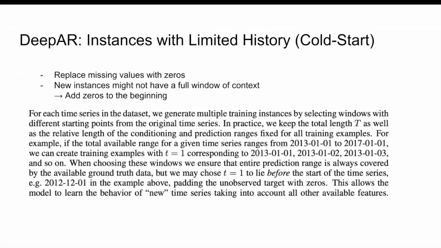For example, if your context range is 100 time steps, you don't need the entire 100 time steps of ground truths. You can maybe just have 70 steps as ground truths, and then the first 30 steps will be all padded with zeros. This will help at inference time if we have a cold-start item that only has 70 steps of history instead of the whole 100 steps.